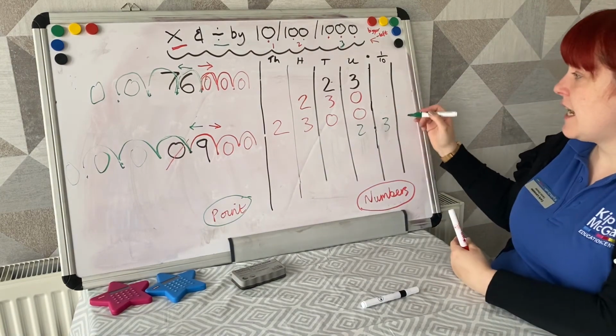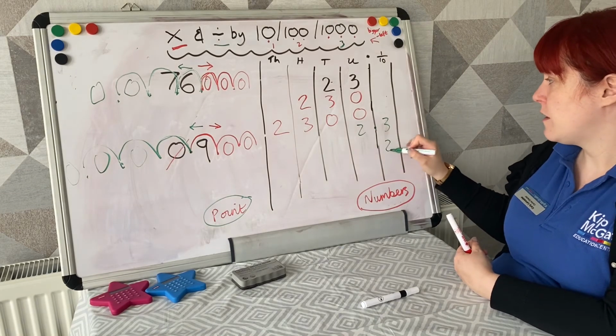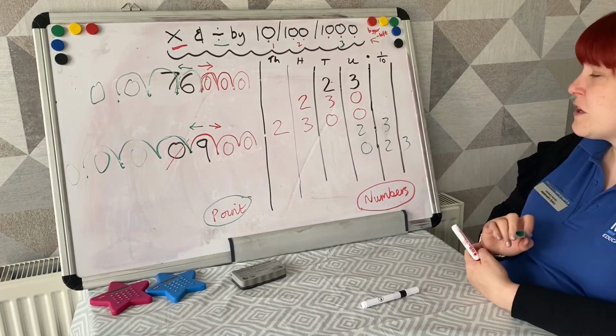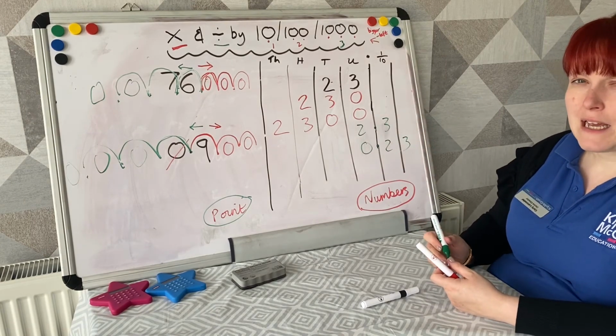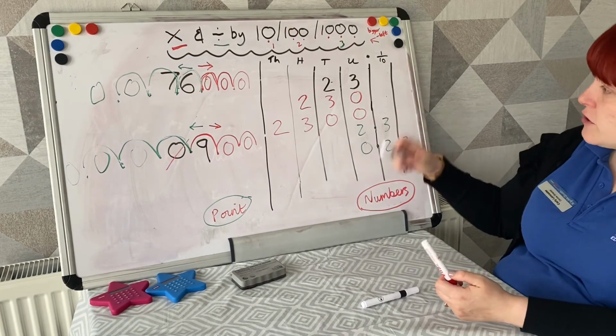So dividing by 10 is 2.3. Dividing by 100, we're going to have the 2 and then the 3. So we're going to have to pop a 0 in there. That's another point of learning. When we've got a decimal point, we can't just leave it blank in front of it, we've got to put a 0 in there. Okay, so that's how we would times or divide by 100.